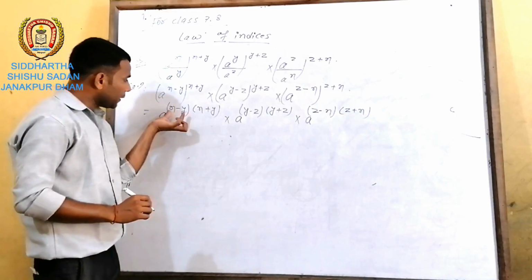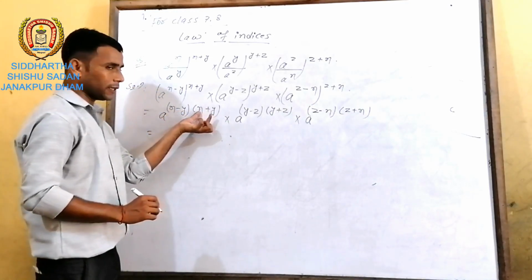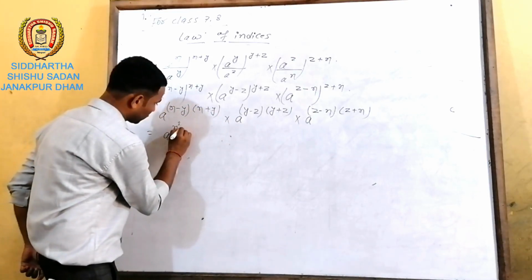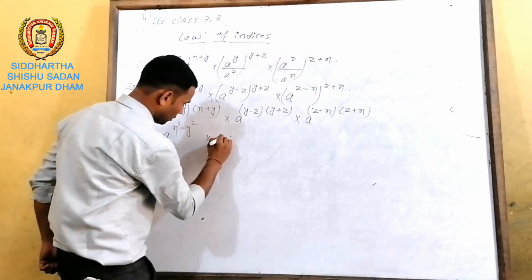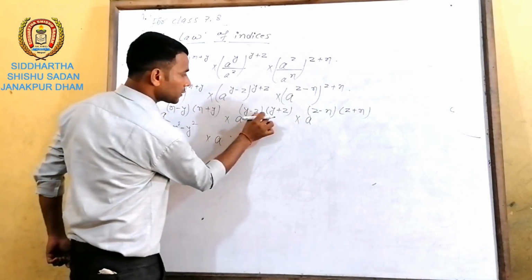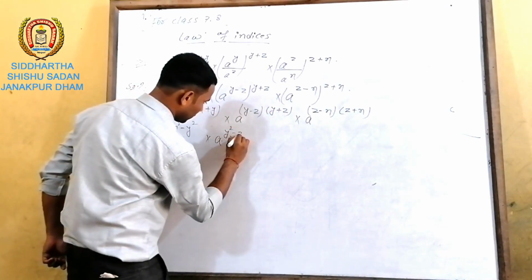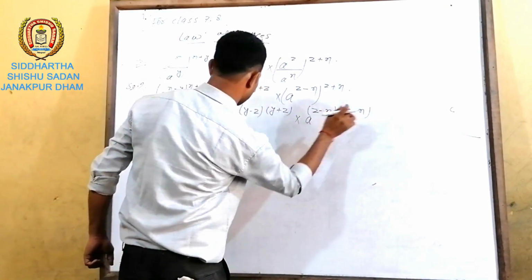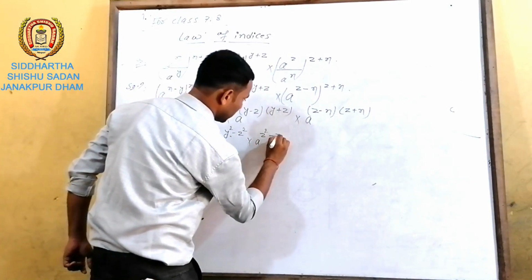Again (x minus y)(x plus y) means a minus b, a plus b, a square minus b square, so x square minus y square. Similarly y square minus z square, and z square minus x square.